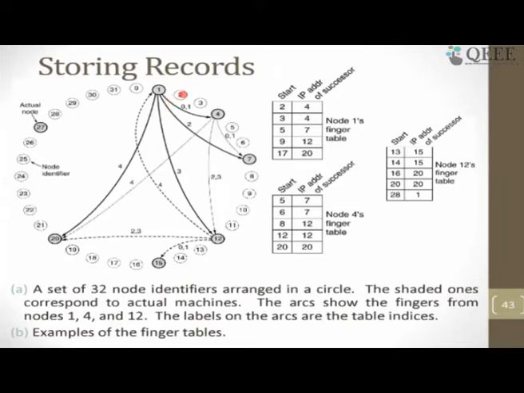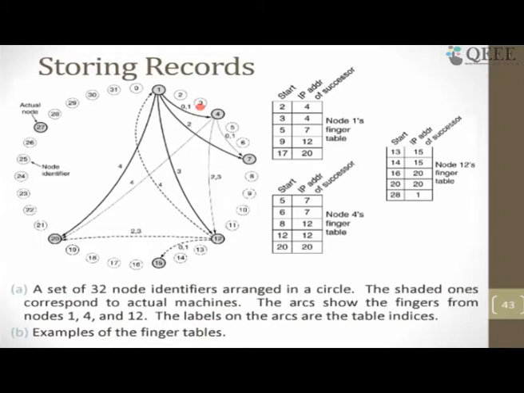If I have 2, then what is the next machine? There is no machine at 2, there is no machine at 3, there is only a machine at 4. So 4. Now, 1 plus 2 to the power 1 is 3.